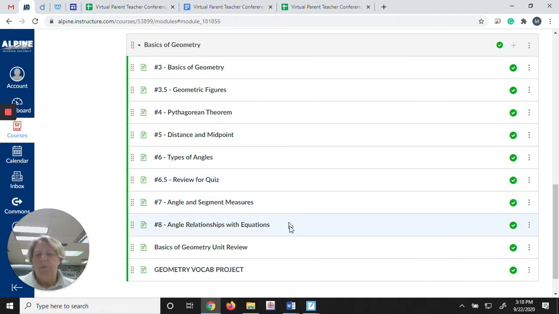Then we'll finish up with these next two lessons, and then starting on Monday the 28th and Tuesday the 29th, sorry, I had to look at my calendar, we will do this unit review. The following time, the 30th and the 1st, that's when we'll take our unit test over geometry.